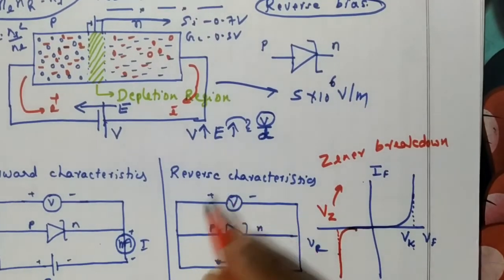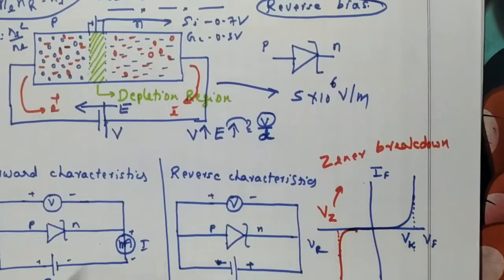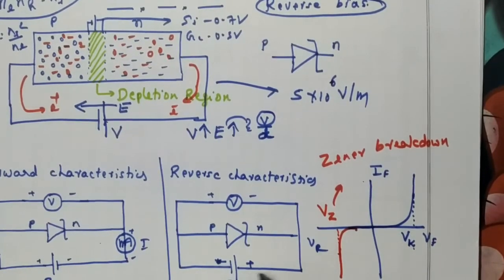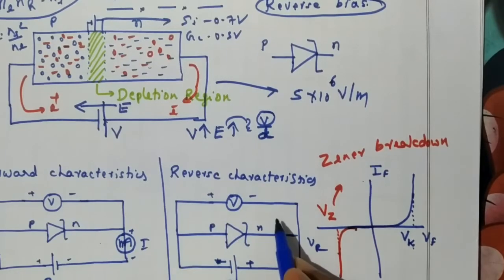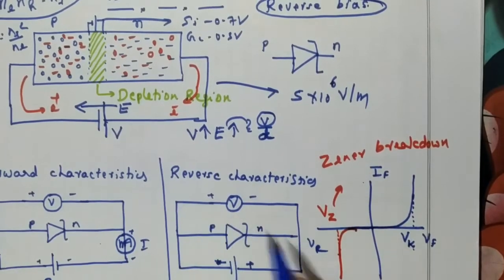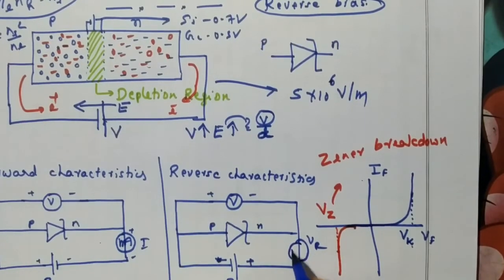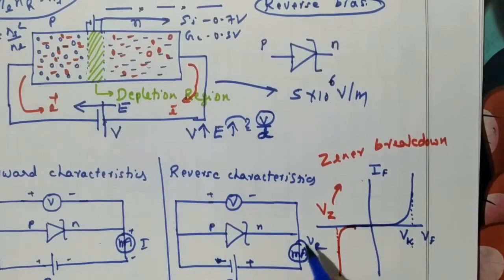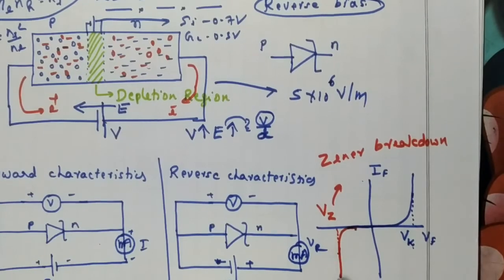Now, this is the experimental setup to study the reverse characteristics. Here, negative is connected to P side, positive is connected to N side, and this is the voltmeter used to measure the voltage across the Zener. And here we use a milliammeter, not a micrometer, because the current will be in the order of milliamperes.